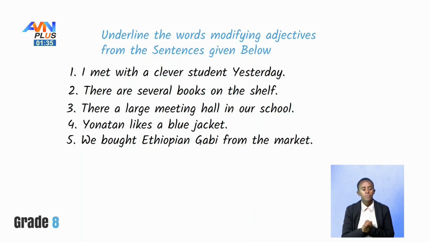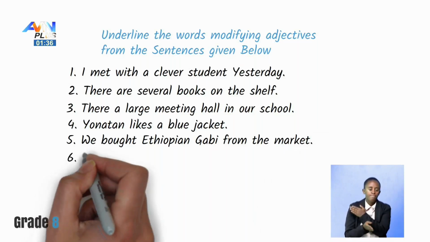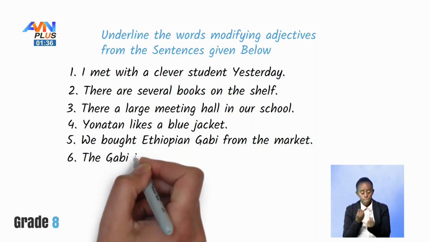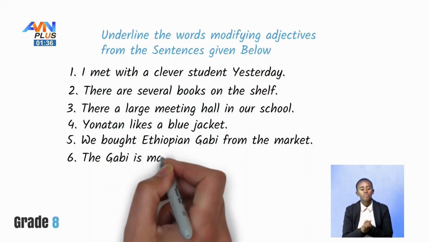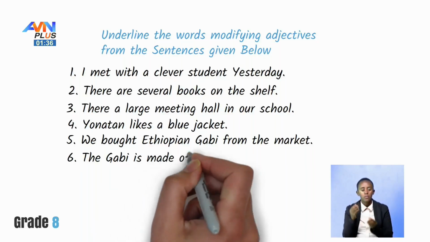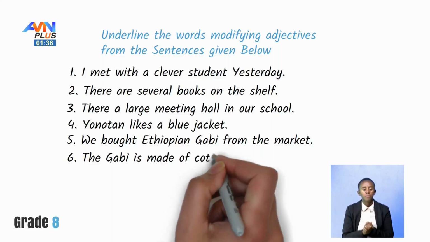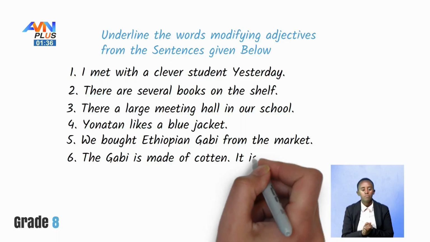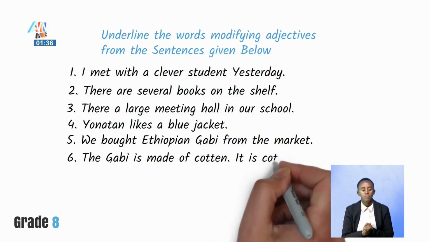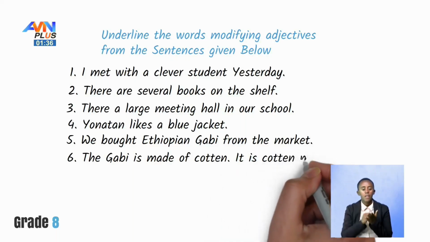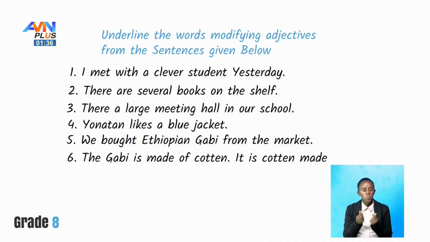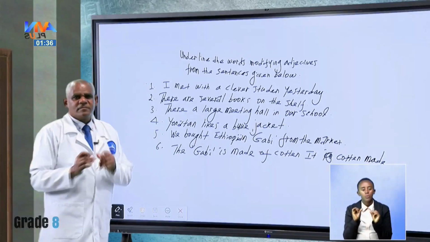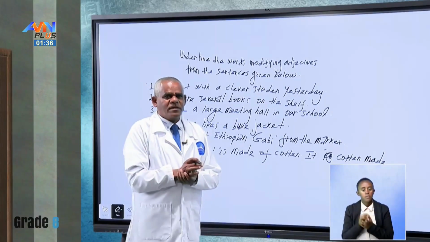The gabi is made of cotton. It is cotton made. So let's go and take 3 minutes in order to underline all these sentences.